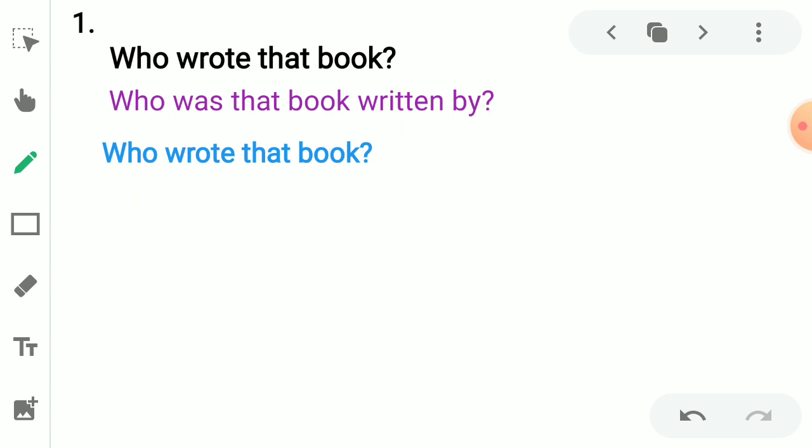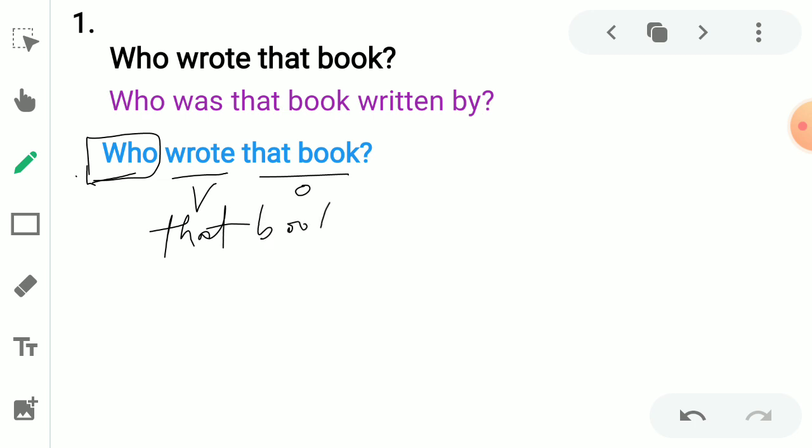Let me do one thing. I won't take who here. Let me put that who in a box. Let me take wrote as the verb, that book as the object. In passive voice we have to take the object at first. Write down that book.